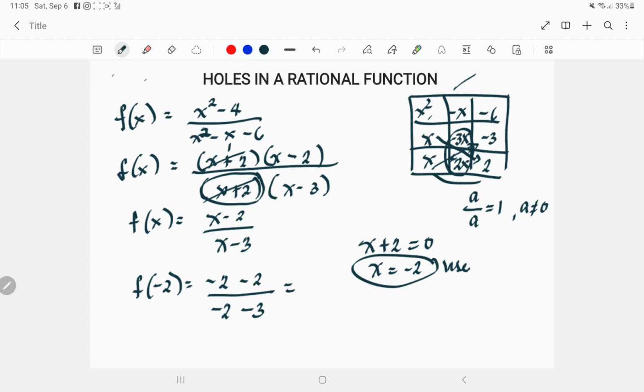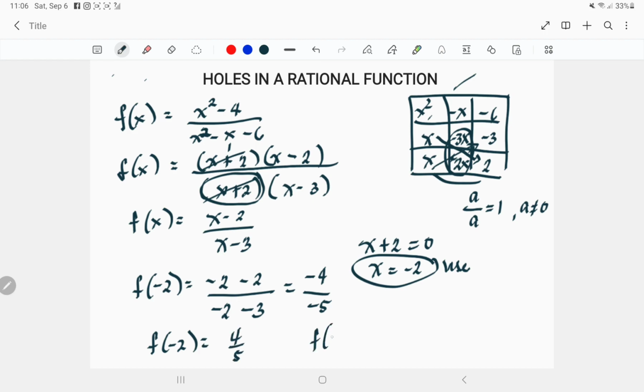What is negative 2 minus 2? Both are negative, so simply combine them together. You have here negative 4. Likewise, for the denominator, both negative, so you have a negative 5. And simplify. Negative divided by negative is positive, so f of negative 2 is equal to 4 fifths.